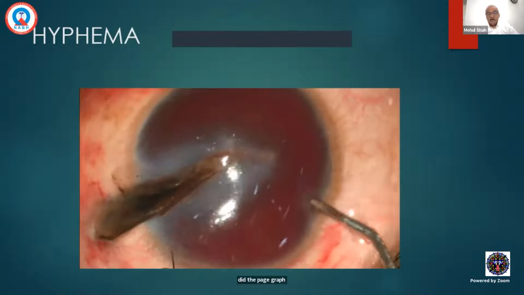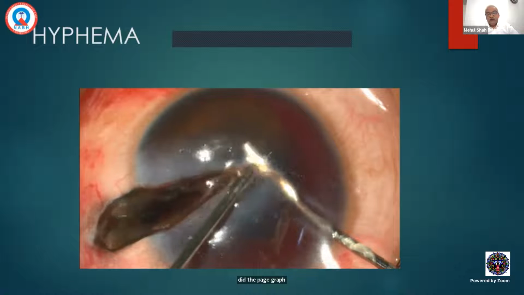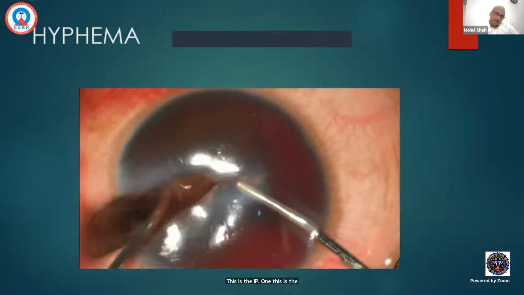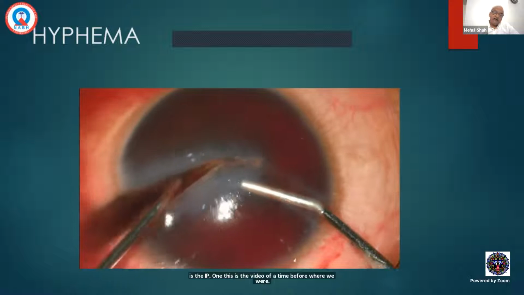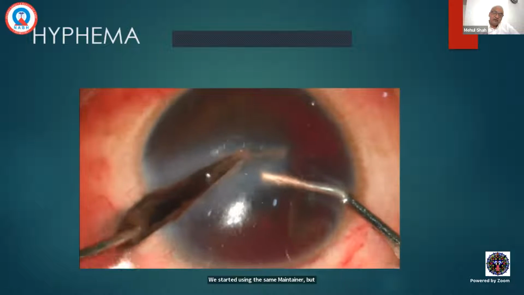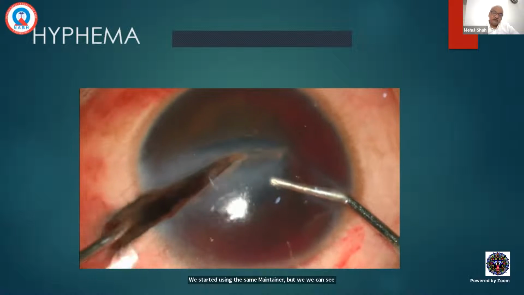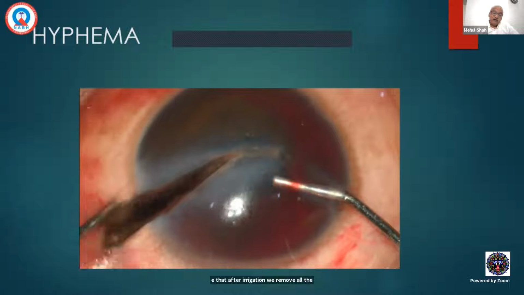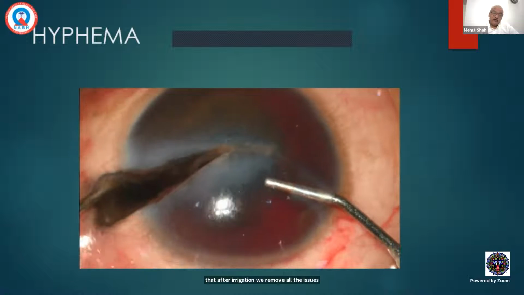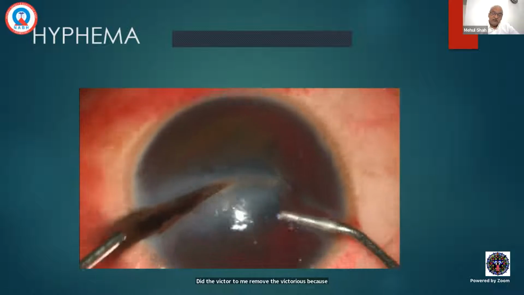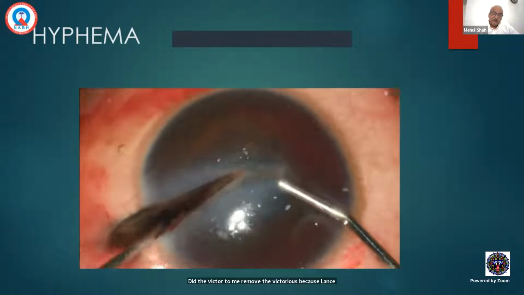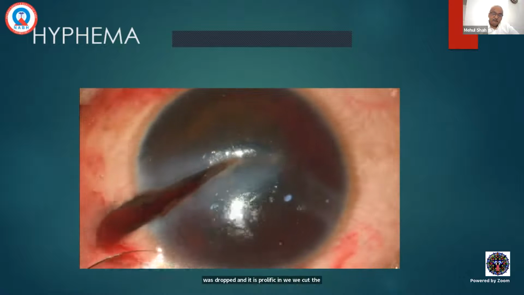This is the hyphema. This is a video from the time before we started using the AC maintainer, but we can see that after irrigation we removed all the tissues, did the vitrectomy, and removed the vitreous because the lens was dropped and vitreous was prolapsing. We cut the ciliary body.